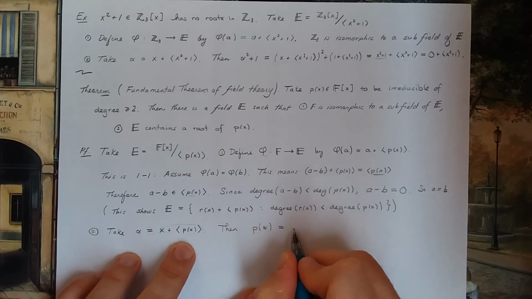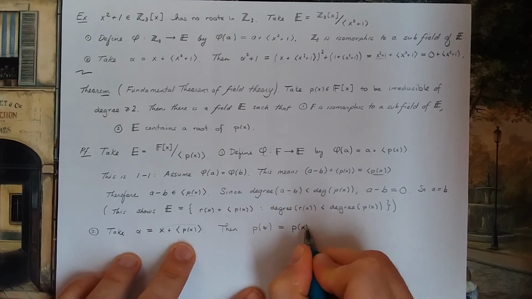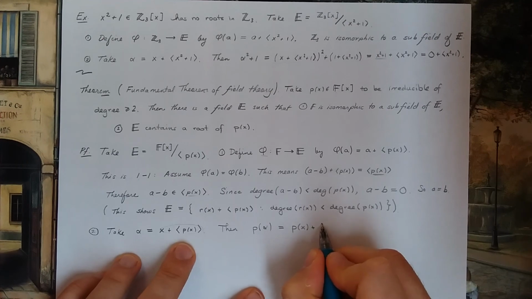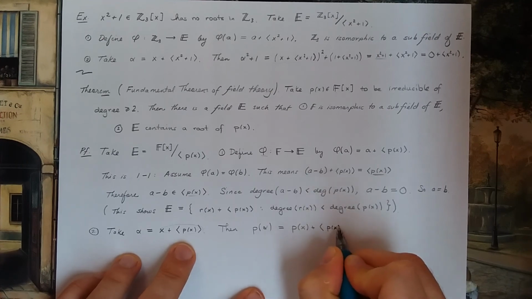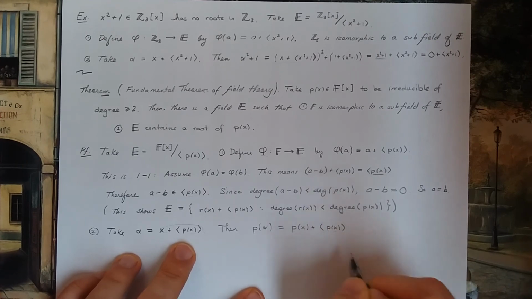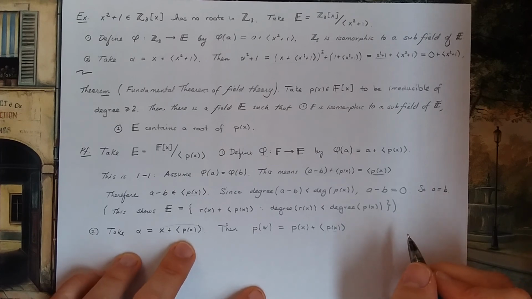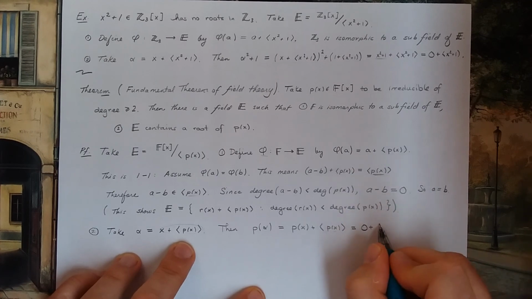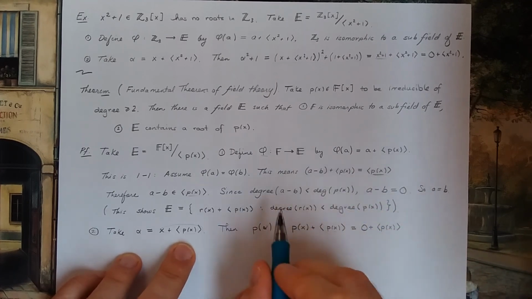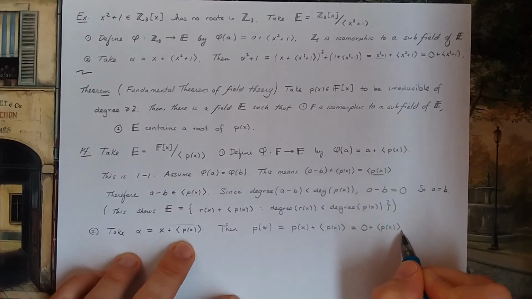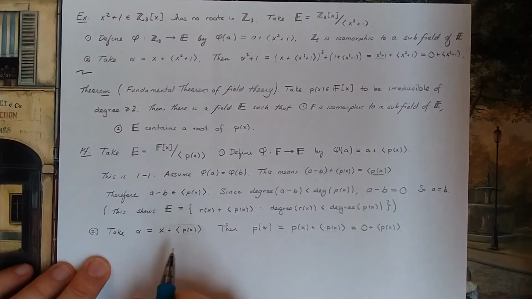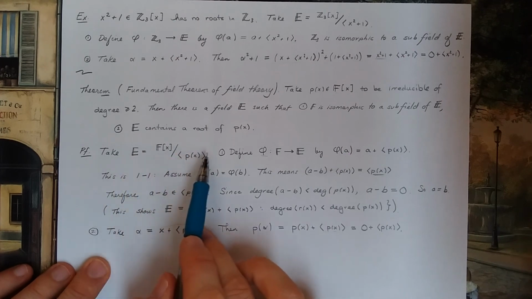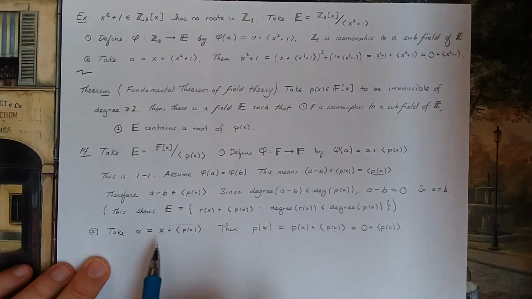So p of alpha will be p of x plus the ideal generated by p. All right, there. That's the end of the proof, because this is the 0 in the field. So this is the 0 element, the additive identity in E. So there, I've done it. I found a field E that's containing F and also a root of my polynomial.